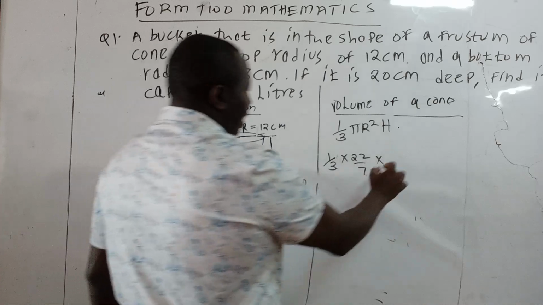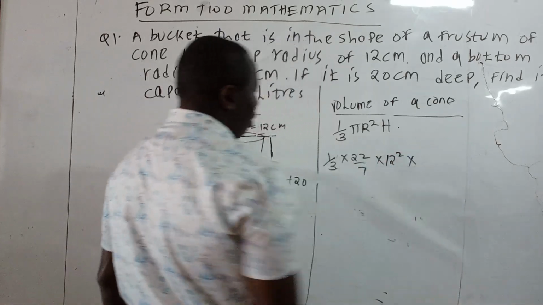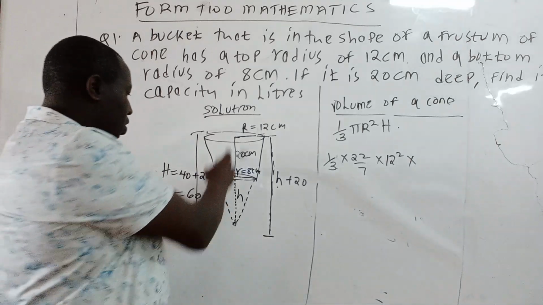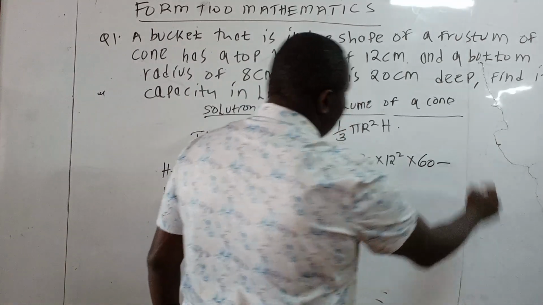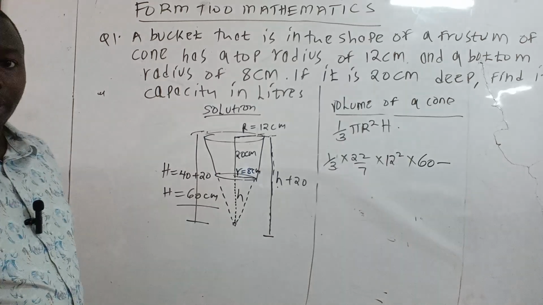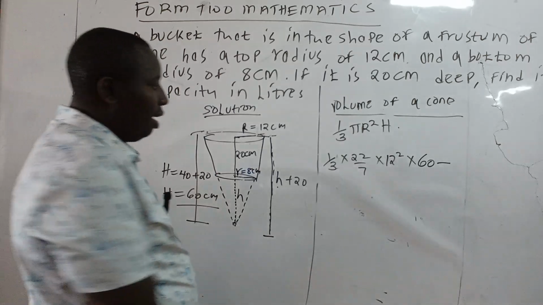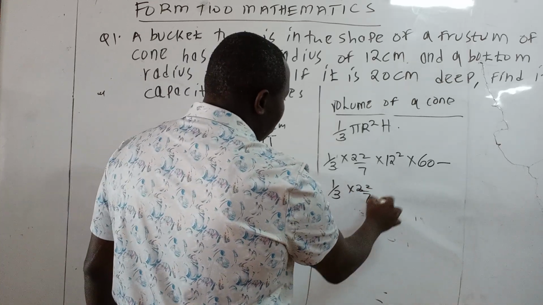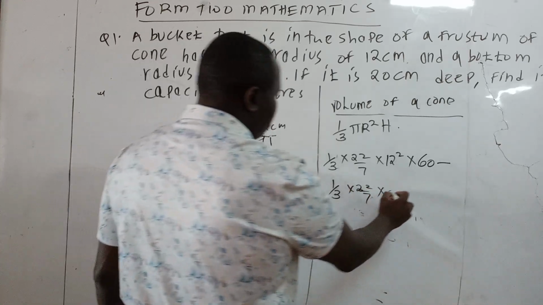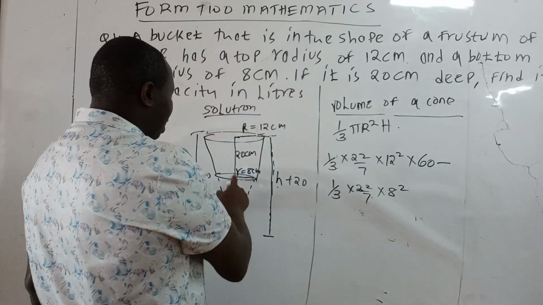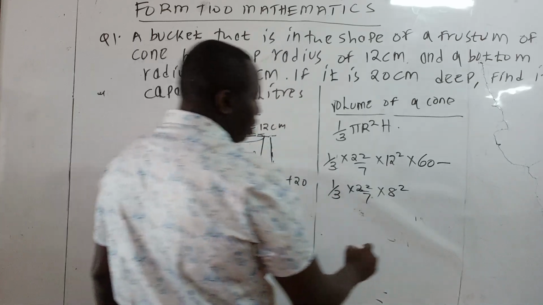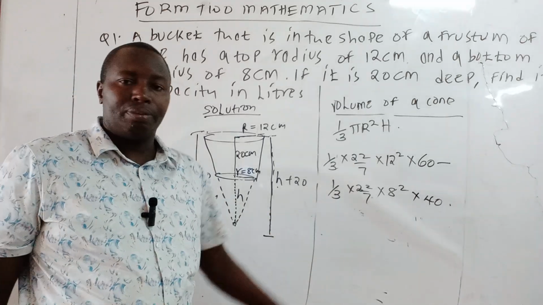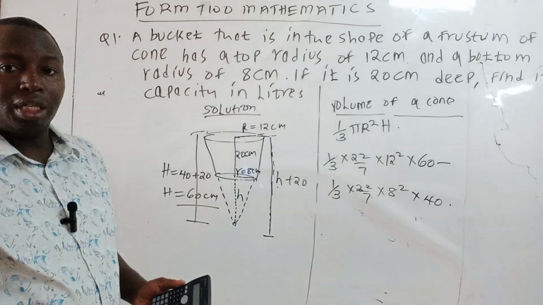R is the radius of the big cone, the original cone, times now the height of the original cone, which is 60, minus that, times now the radius, pi 22/7 times r squared, the radius of the small one, and the height of the small one is 40. So that is the height of the cone that has been cut.